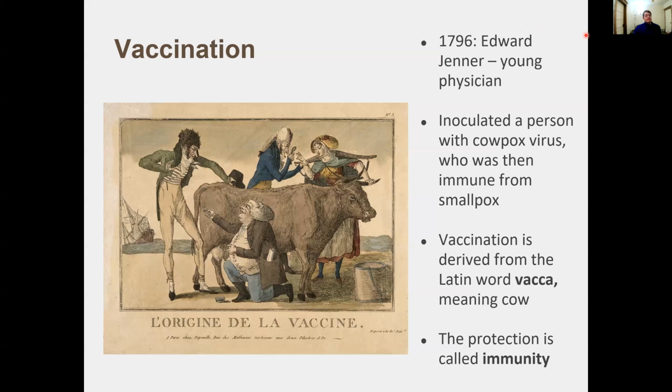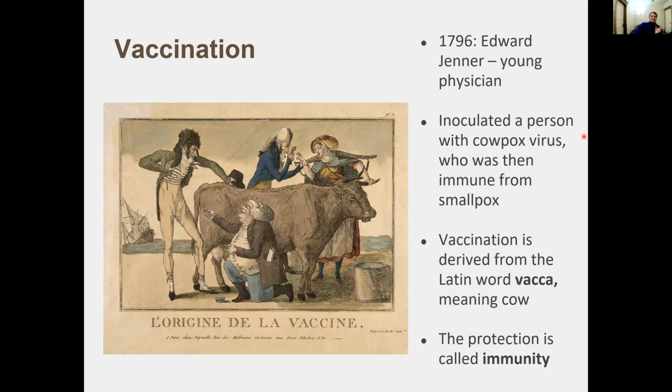He took pus from a cowpox pustule and inserted it into an incision on the boy's arm. So he essentially infected the boy with this pustule. Obviously, he weakened it and all of that first, but yeah.